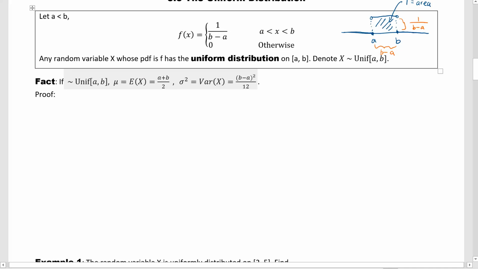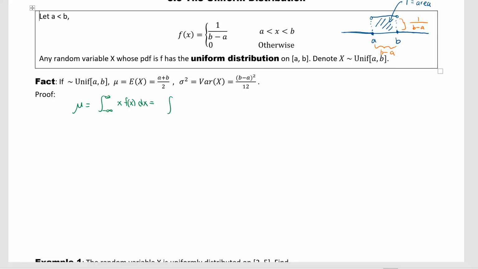Okay. So what is the mean? The mean is the integral of x times f of x dx. So that is the definition. But in our example, it is 0 outside of the interval from a to b.